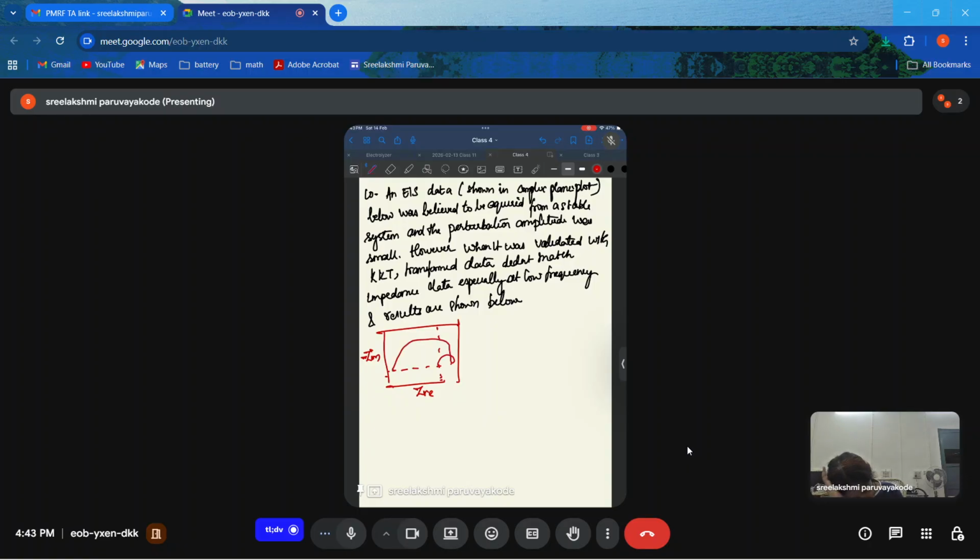Now, when they plot Z real versus frequency, their original data is of this form, but their KKT fitting data in the low frequency regime is like this, and it is not matching well at the low frequency regime.